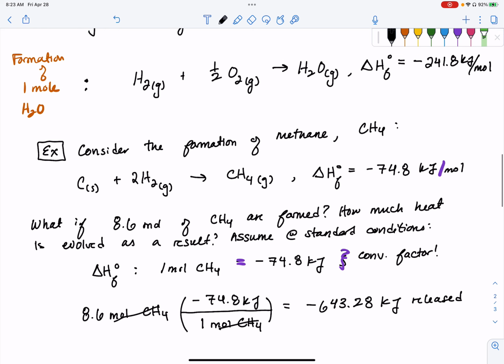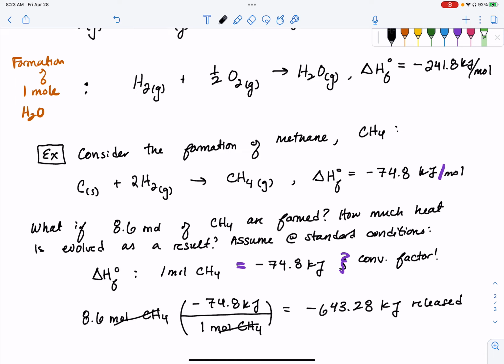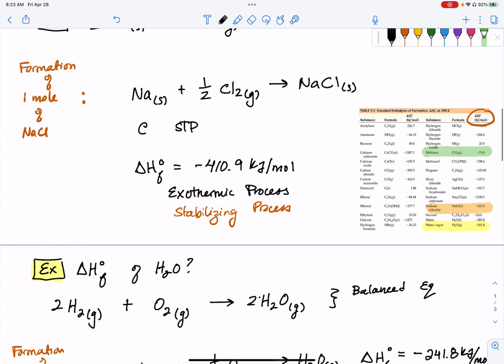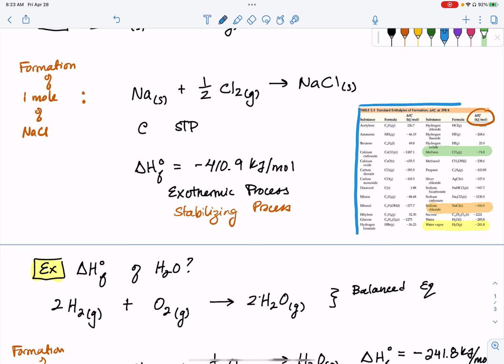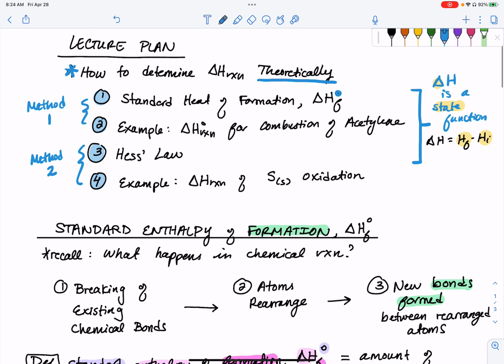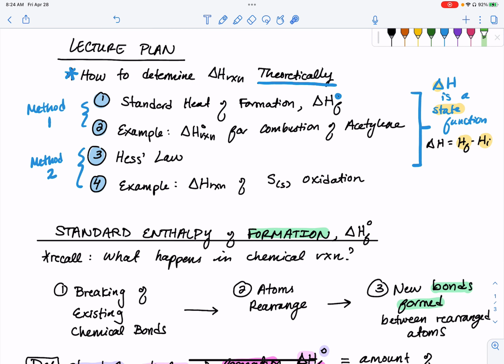All right, so this is the standard enthalpy of formation. I will always have to give you this table if I am going to ask you to utilize these heats of formation. These reference values will be provided because it's these values that we're going to need to use in order to determine, again, what's our goal here?